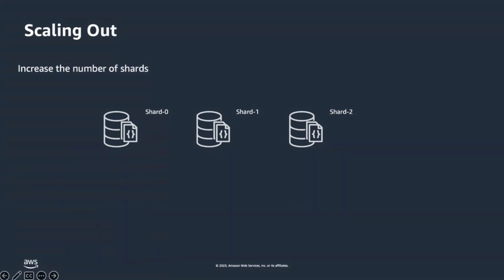Now, in terms of scaling out, what we're doing is adding additional shards to our cluster. So this is the other type of scaling. Here it could be denoted by adding two additional database icons. You can imagine shard 3 and shard 4 being added as well. With Elastic clusters, you can start with as small as 1 shard, and you can scale up to 32 shards.